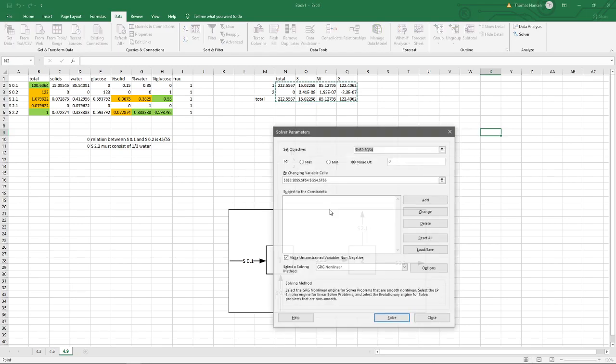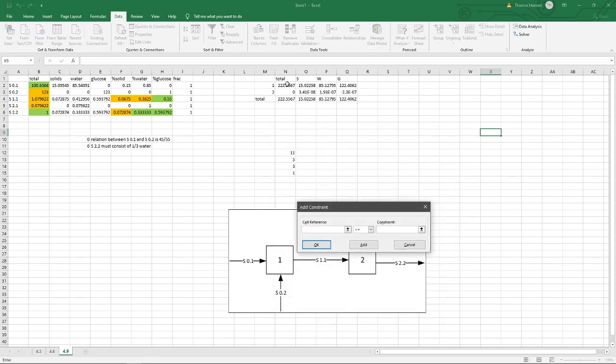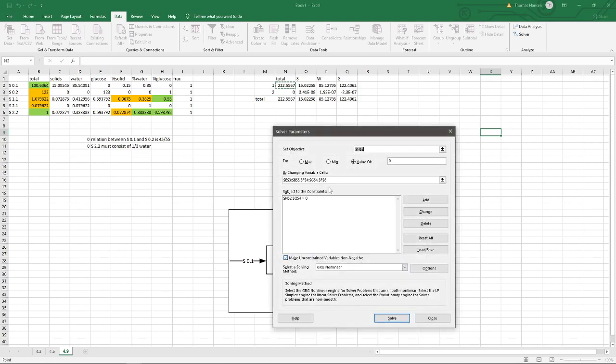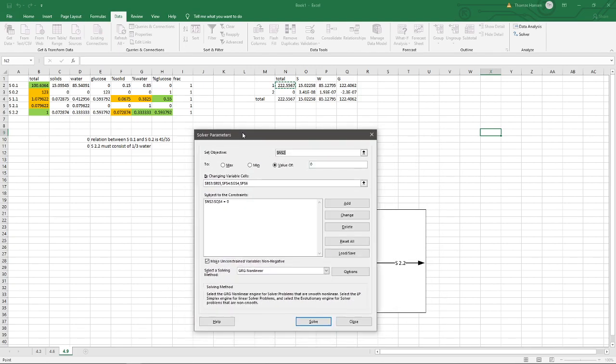Oh, for heaven's sake, stupid Excel. No, of course not. Shut up. I'm not looking at the chat. I'm not listening. I can't hear you. There we go. Yeah, so the problem is you can actually only set the objective of one cell in Excel.